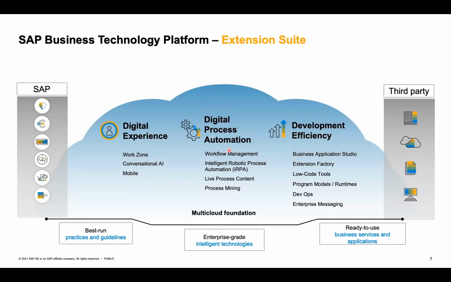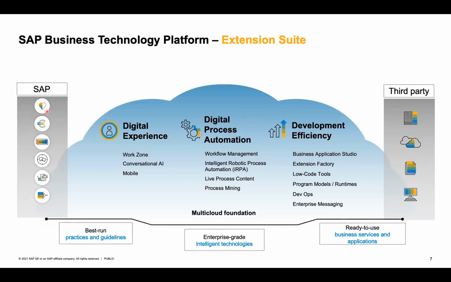Yeah, and then here in this picture, the actual background is you have the SAP pillar on the left-hand side, and the third-party pillar on the right-hand side. And in the middle, you see this sort of cloud, connecting these two. This shall just depict that we can use these services like workflow management to extend SAP applications with, for example, third-party applications, or also with other SAP applications.